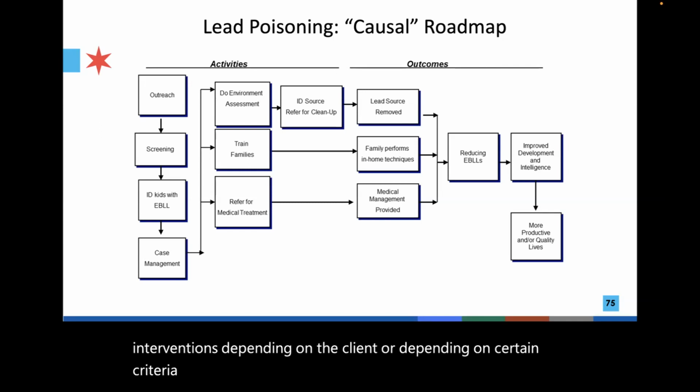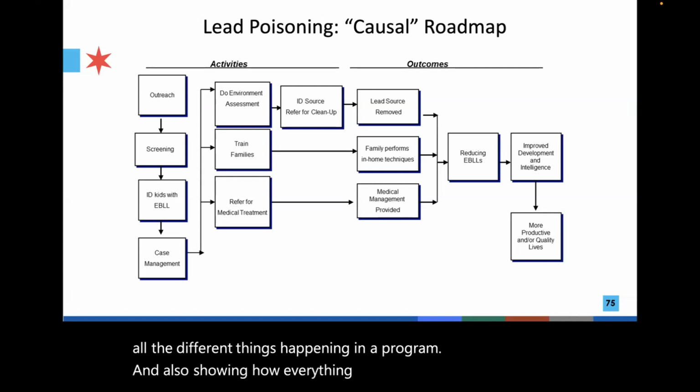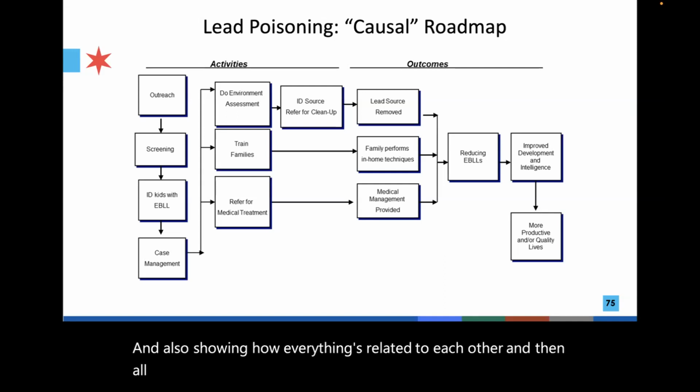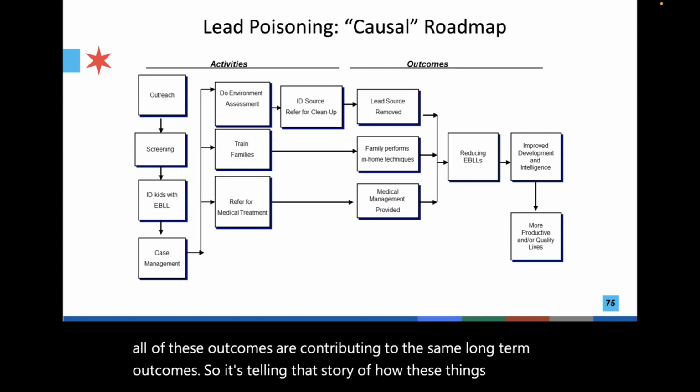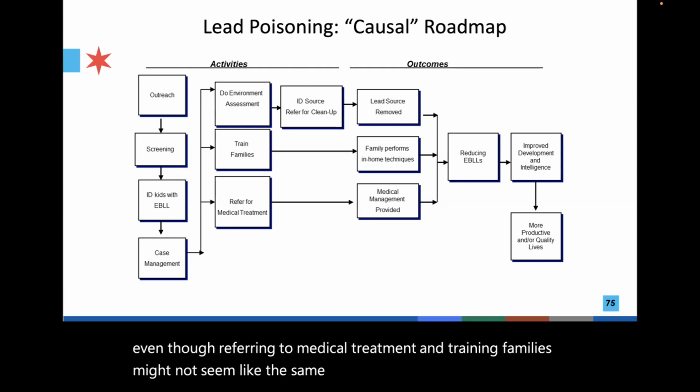Again, it gives that bird's eye view of all the different things happening in a program, and also shows how everything's related to each other. All of these outcomes are contributing to the same long-term outcomes. So it's telling that story of how these things fit together, even though referring to medical treatment and training families might not seem like the same activity.